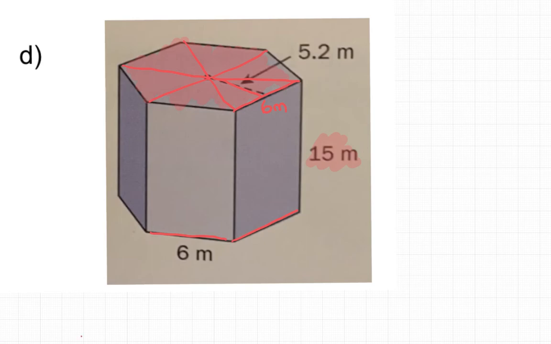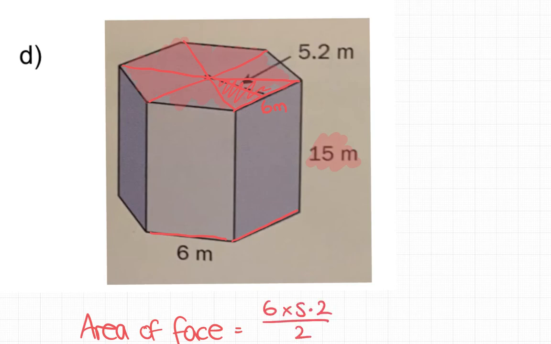So the area of one of these little triangles in here is 6 times 5.2 divided by 2. Formula for area of triangle, base times height divided by 2. And then I've got 6 of those little triangles going around my shape, so I'm going to times that answer by 6.